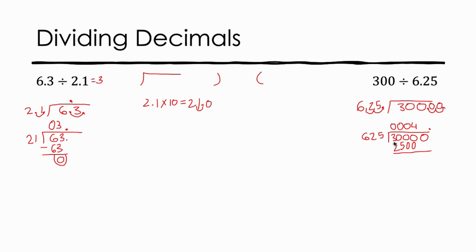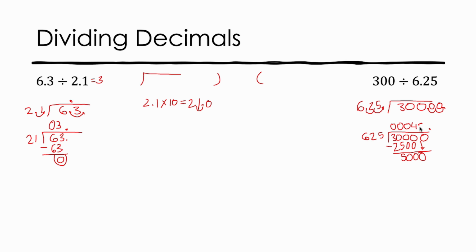Okay. So 3000 minus 2500 is equal to 500, and we just add that 0 at the end, and 625 goes into 5000 8 times.